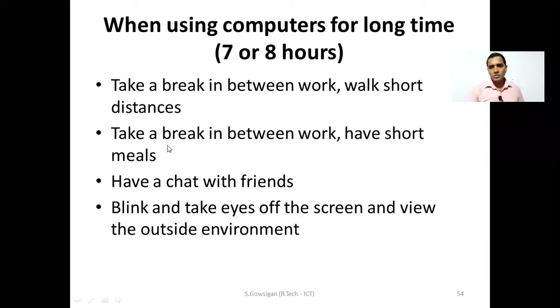Next, take a break in between work and have short meals, not big meals. Because you are working on a computer, sitting there, it is not good to have heavy meals.